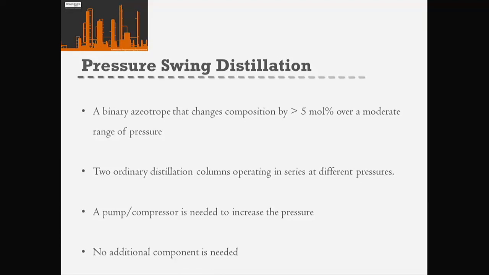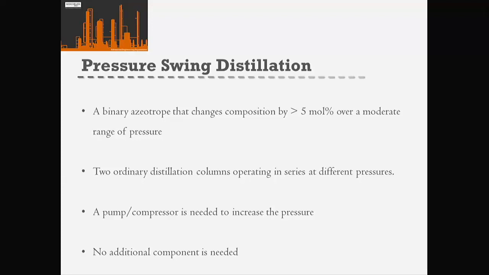If we go back to our original thoughts, if we've got two components and a binary azeotrope, I mentioned that we could hope that if we change the pressure it moves our azeotrope, and we might be able to move it enough to still allow us to do our separation.